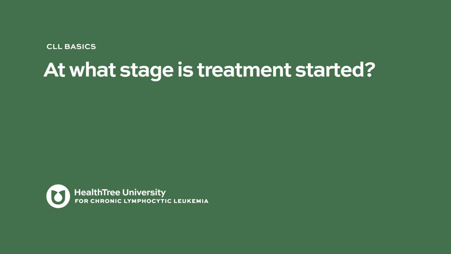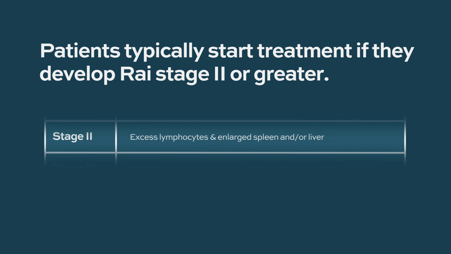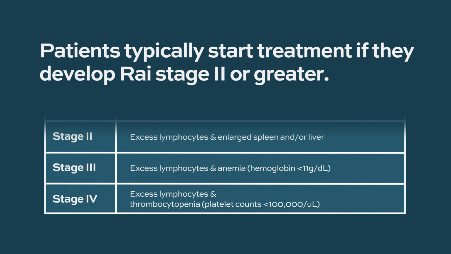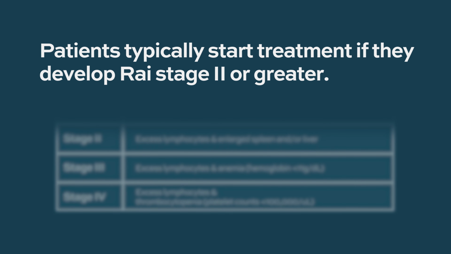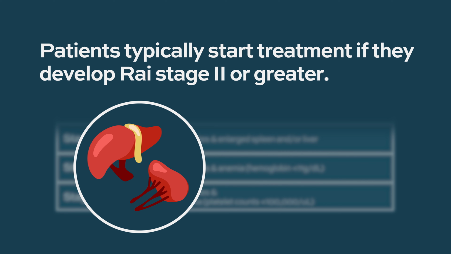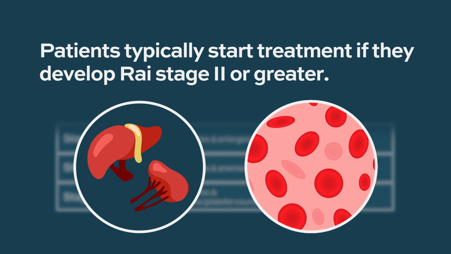At what stage is treatment started? For chronic lymphocytic leukemia, we generally, as I said, often don't even need to treat patients, and observation alone may be possible for a period of time. The reason to treat would be if you start developing Rai stage 2 or greater disease and have an enlarged spleen, enlarged liver, or if your hemoglobin and platelet count declines.